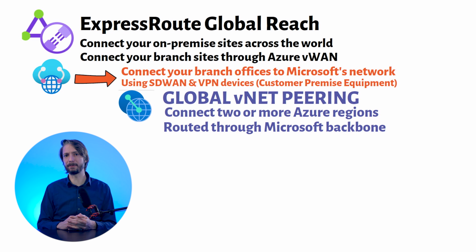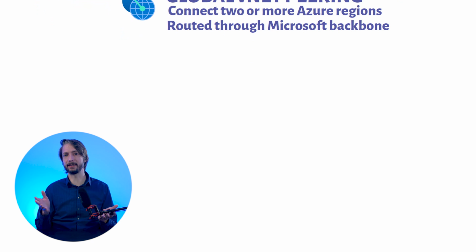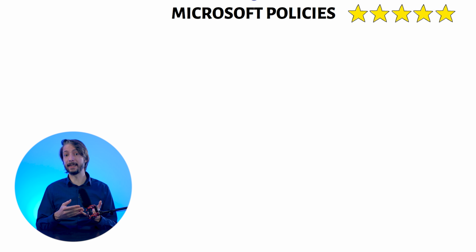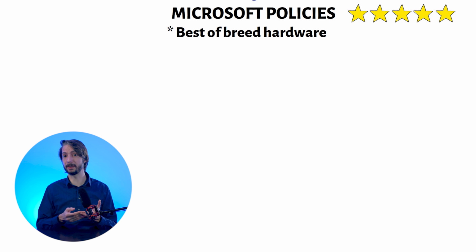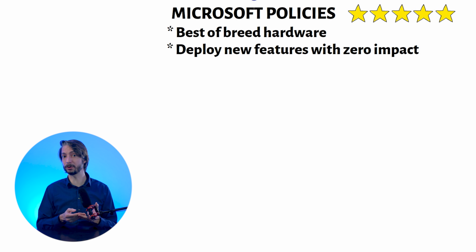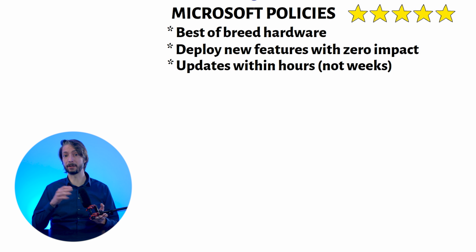Now, in order for Microsoft to manage and operate the infrastructure, they have defined the following policies. They want to use the best-of-breed switching hardware across the various tiers of the network. They want to deploy features with zero impact to end users. They roll out updates securely and reliably across the fleet as fast as possible.